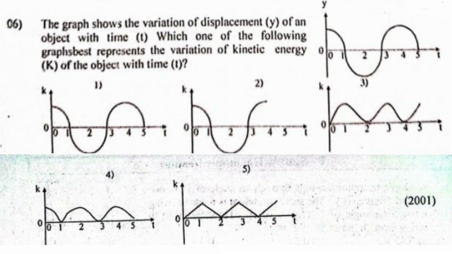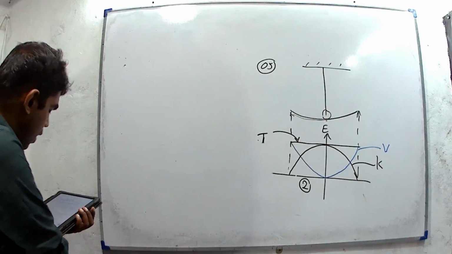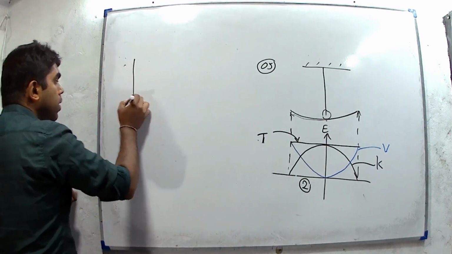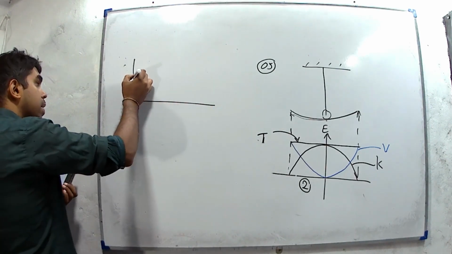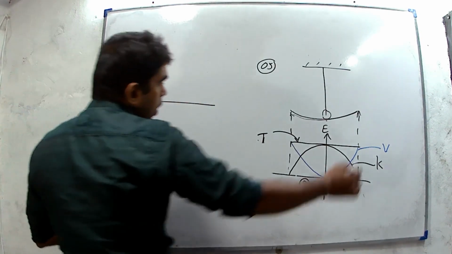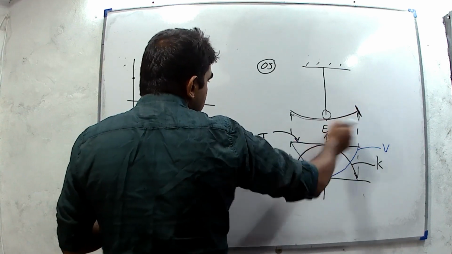Then question number 6. The graph shows the variation of displacement y of an object with time t. Which one of the following graphs represents the variation of kinetic energy of this object with time? Now we have to identify that the initial displacement is the maximum value. It means initially the object is at an oscillating end.